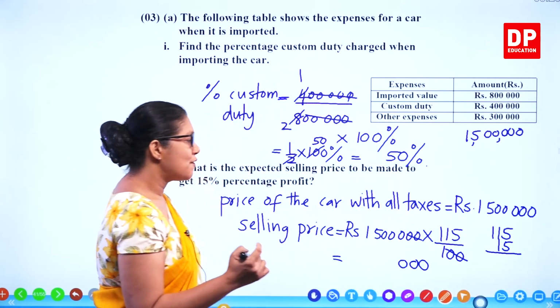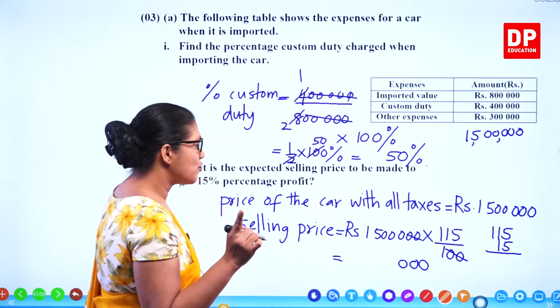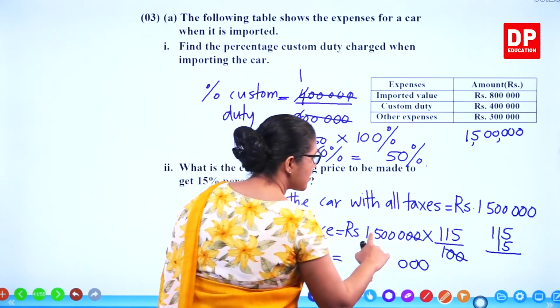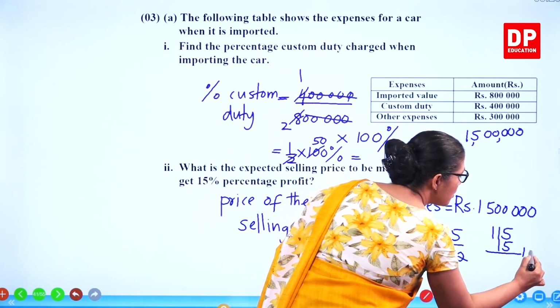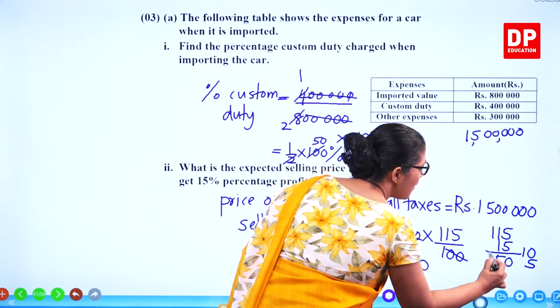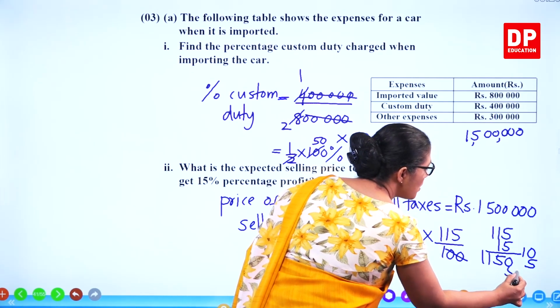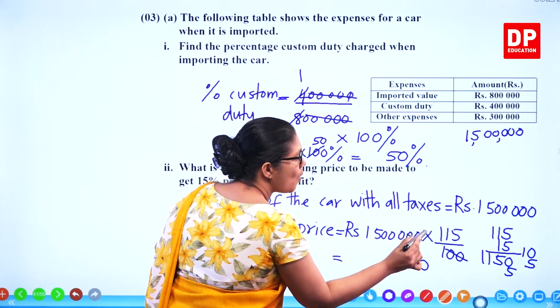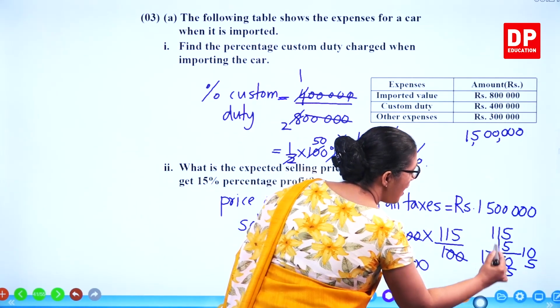So 15 times 15, 225. If you know 225, you can do at once. But if you can't do it, you just do 10 and 5 and find the answer. 5 times 5, 25. And 5 times 1, 5 plus 2, 7 and 5.